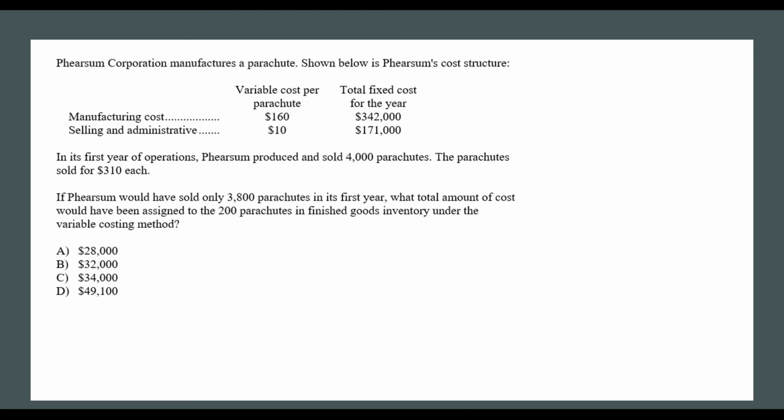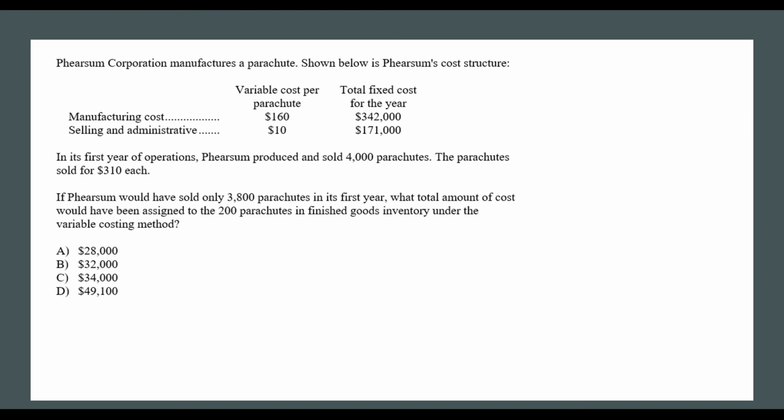Fearsome Corporation manufactures a parachute. Shown below is Fearsome's cost structure. We have two columns: the variable cost per parachute and the total fixed cost for the year. For manufacturing cost, we have $160 as the variable cost, and selling and administrative variable cost is $10. We have the fixed manufacturing cost amounting to $342,000 and $171,000 for the fixed selling and administrative expense.